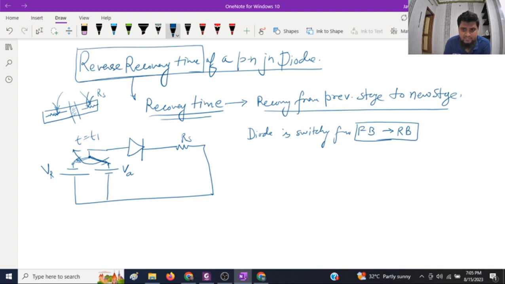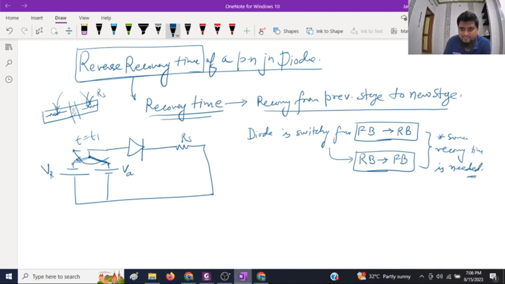If it is the other way, then we will call the switching from reverse bias to forward bias. Let's assume it was previously connected with VR and then it is connected to VA. In both cases, some recovery time is needed.